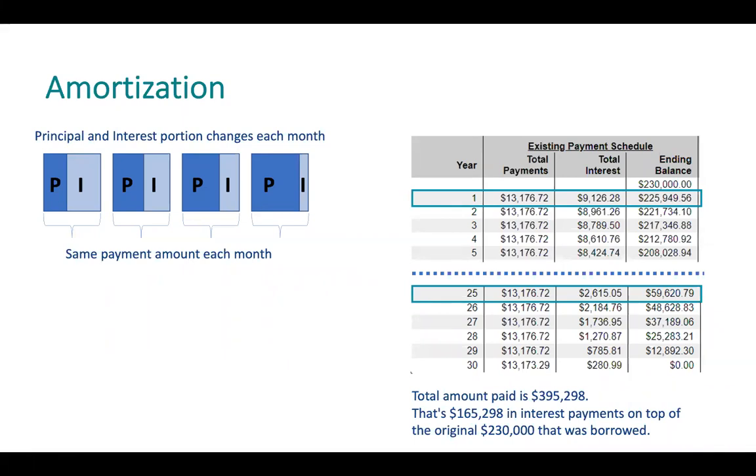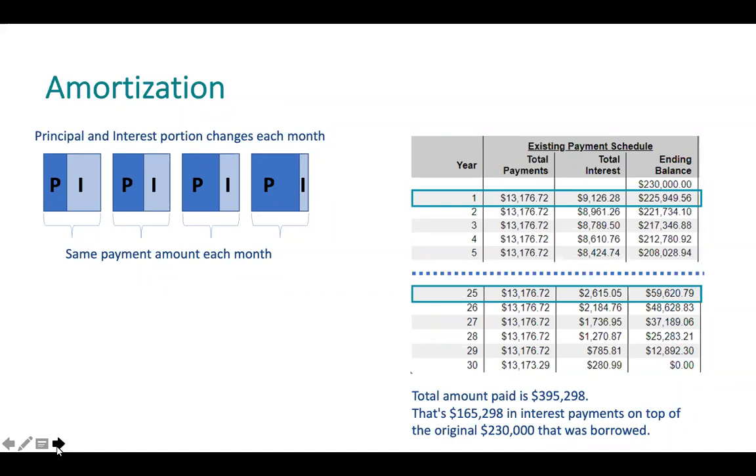In the first year, you can see that the total payments for that first year are $13,176.72. If you look over, $9,126.28 is going to interest. That means only roughly $4,000, actually $4,050 and some change, is being applied to principal.